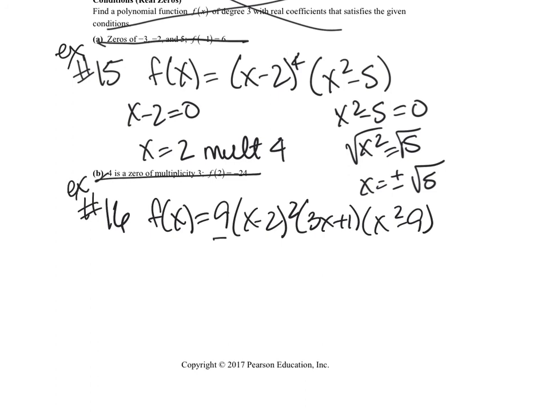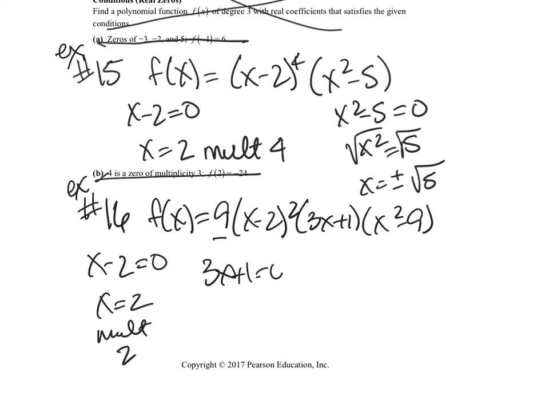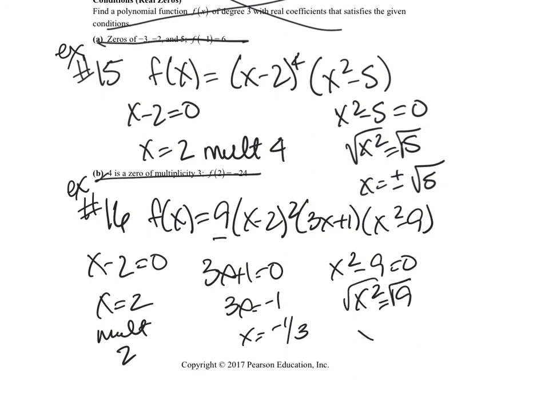So we don't have to do anything with the 9 because it doesn't have a variable. So x minus 2 equals 0, so x equals 2. Multiplicity 2 because of the exponent. 3x plus 1 equals 0. 3x is negative 1. x is negative 1/3. x squared minus 9 equals 0. x squared equals 9. Square root. x equals plus or minus 3.